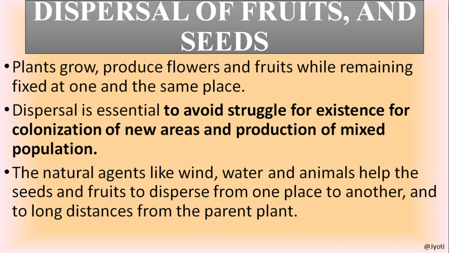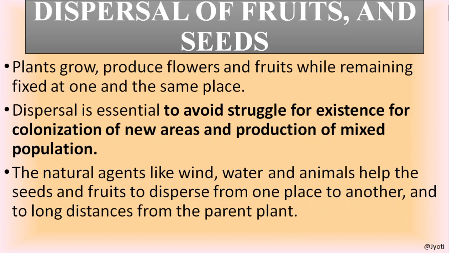But if the seeds are produced by the plant, and if all these seeds fall at a place near the parent plant, then what will happen? Definitely there will be competition for their basic requirements. So what are the basic requirements for the seed to germinate? I have already told you, that is oxygen, water and light. So now what will happen?